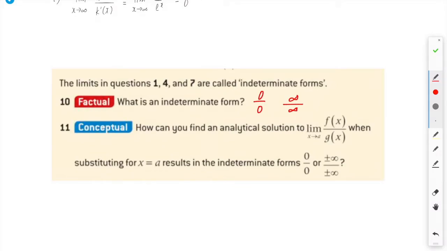So it's proven that this is a very helpful method for evaluating limits in indeterminate form. And this rule that we have just explored is called L'Hopital's rule.